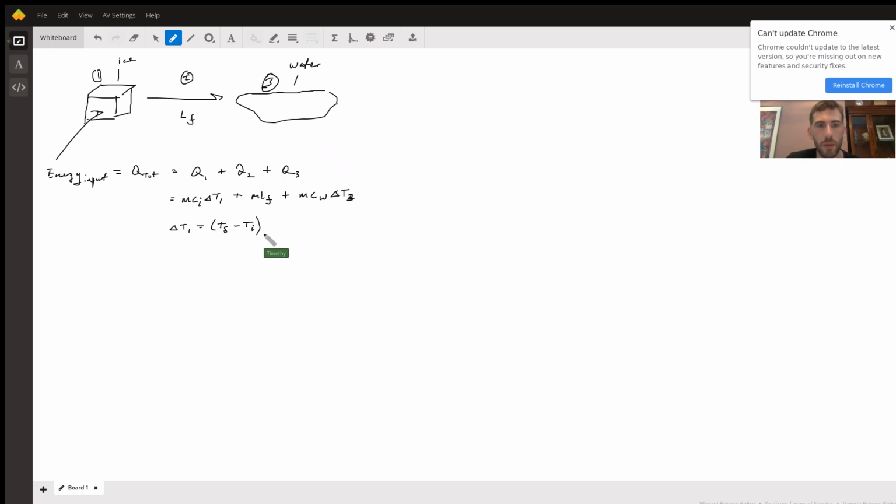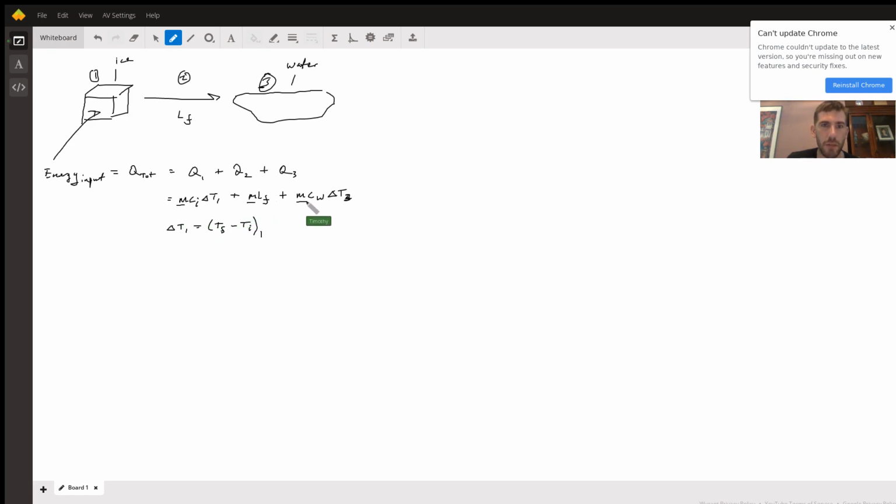And this will basically be the final temperature of the ice will be 0, and then the initial temperature will be negative 17 degrees, and so on and so forth. Is the mass of the ice going to be any different than the mass of the water? No, it's all the same mass.